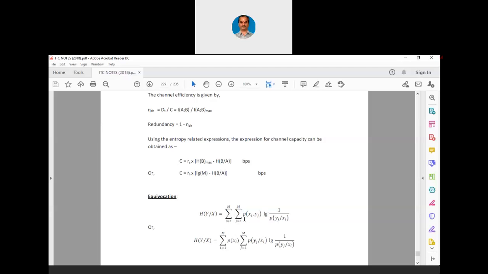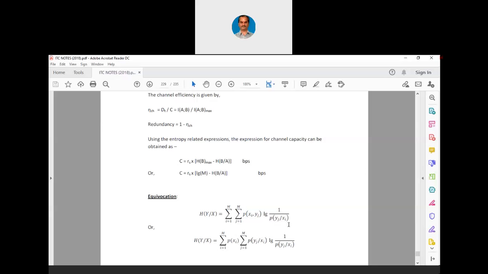This p of xi comma yj is the joint probability, and lg of 1 over p of yj given xi. What is this yj given xi? It is the conditional probability, which means when xi was transmitted, the probability of receiving yj. Always in the joint probability, we used to have the conditional probability also. We had a matrix called JPM, joint probability matrix, using which we could find out the value of equivocation also.